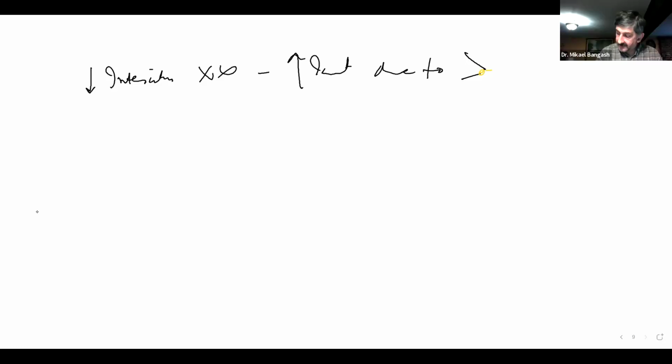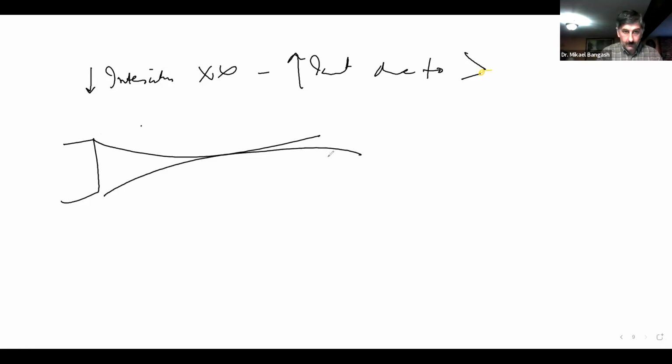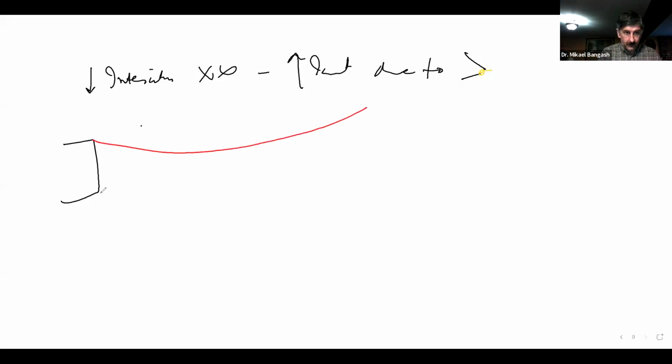In which region of a sound beam is the focusing most effective? Let's just look at a beam. Here is our beam.